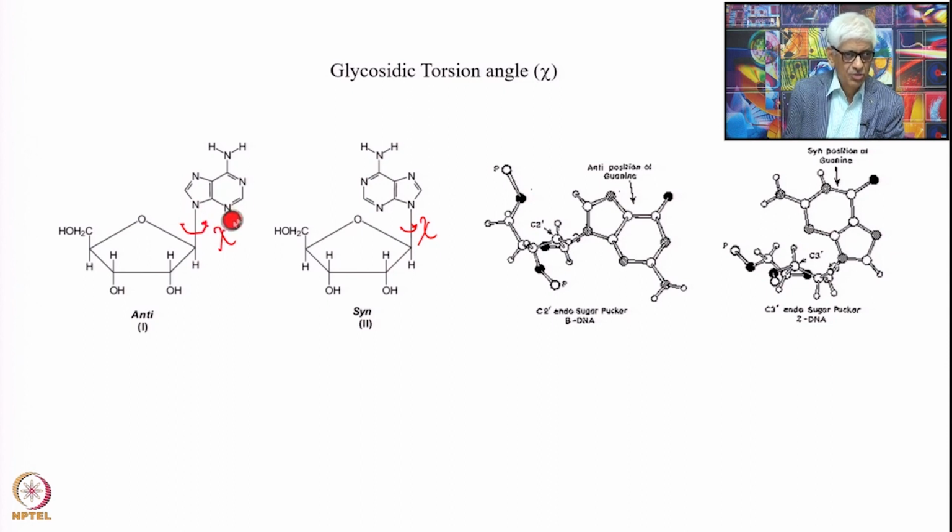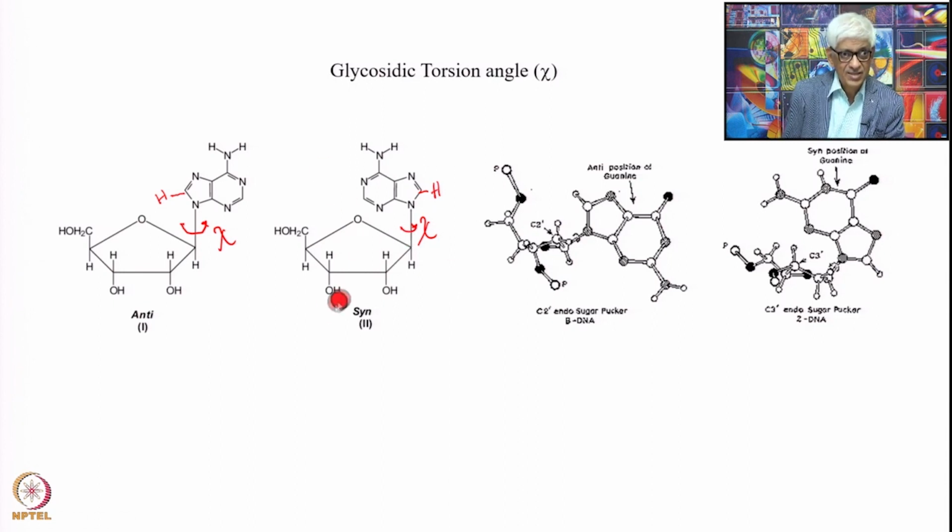So the essential point to note from the structure point of view is that the 5-membered ring here comes on the side of the oxygen, and here there is a proton attached. Notice the proton is not shown here, but there is a proton here, and that proton is called the H8 proton, and in this case this proton is here. So the protons are on two opposite sides in the two cases.